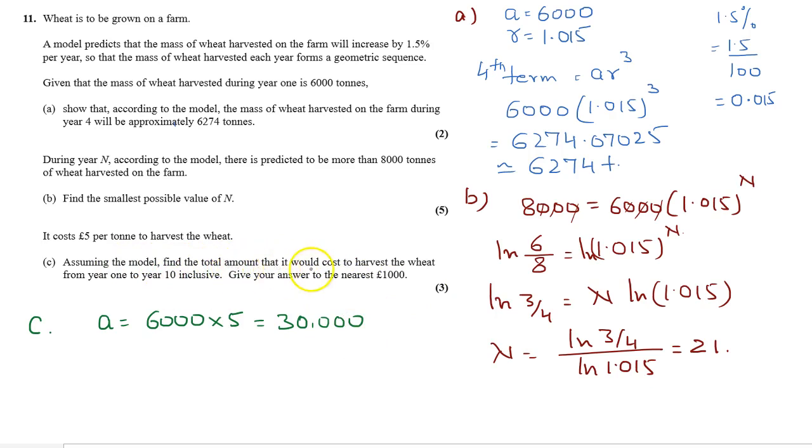Find the total amount that it would cost to harvest the wheat. So this is the one. a is this, then n is 10, from year 1 to year 10 inclusive.